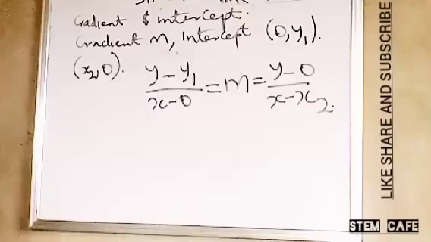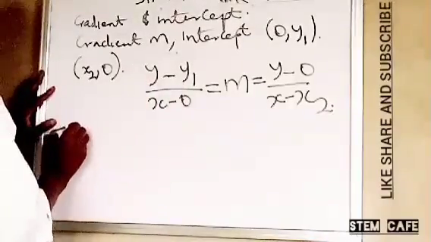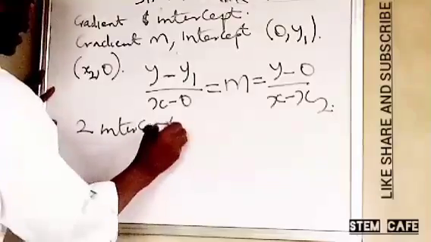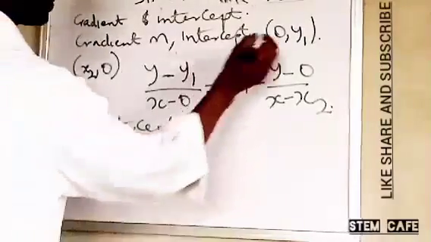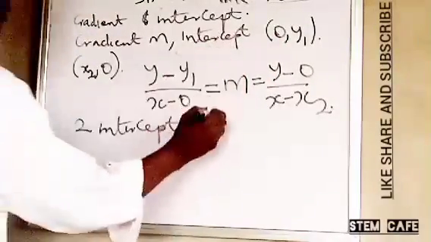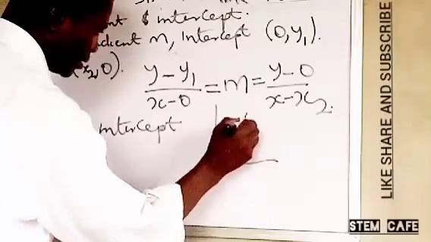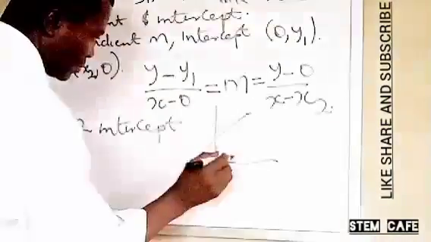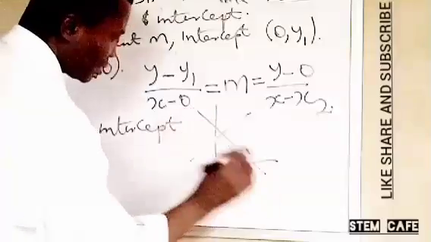What if we are given just two intercepts, that is the x-intercept and the y-intercept?